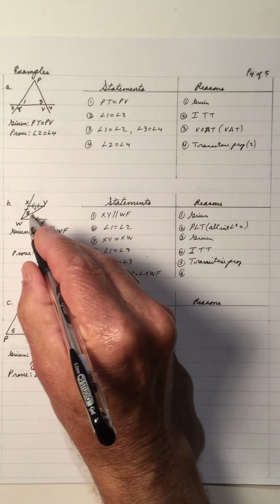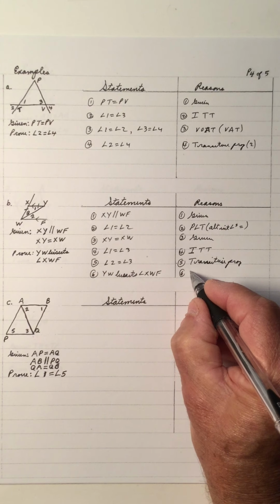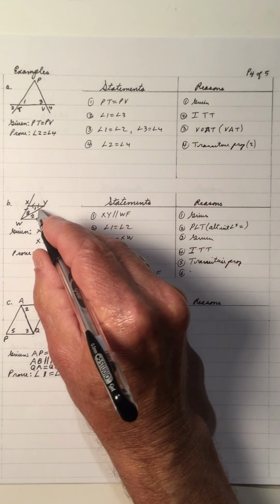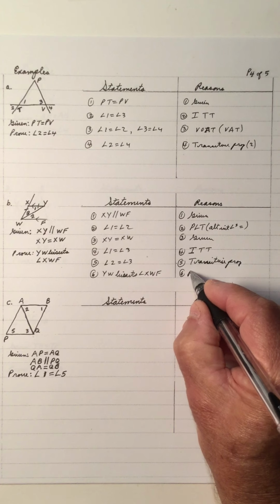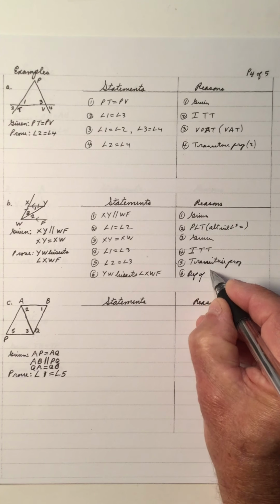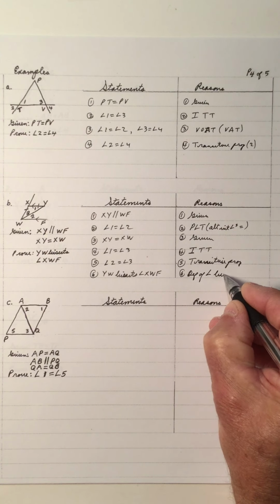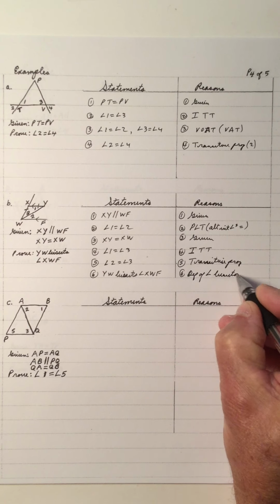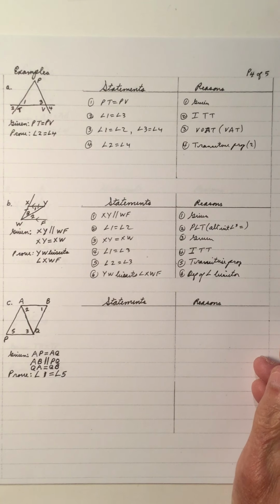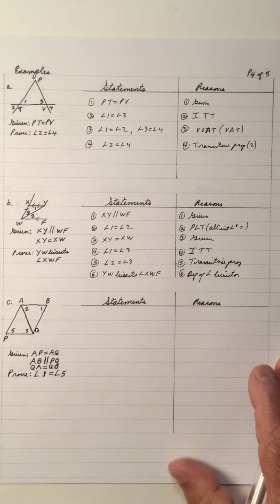And because the two angles are equal, this is a bisector dividing into two equal parts. Definition of angle bisector. Okay, here we go. Another proof to do.